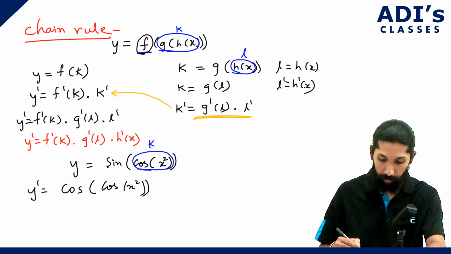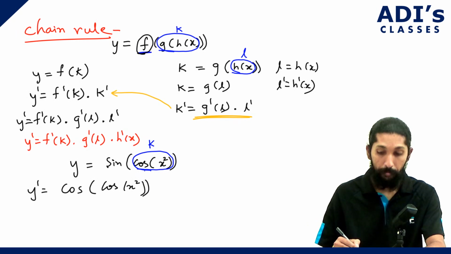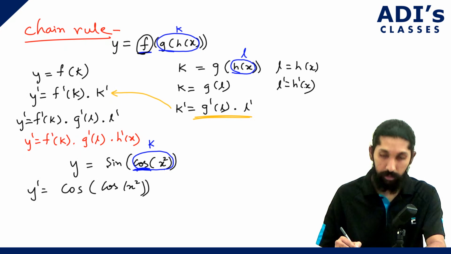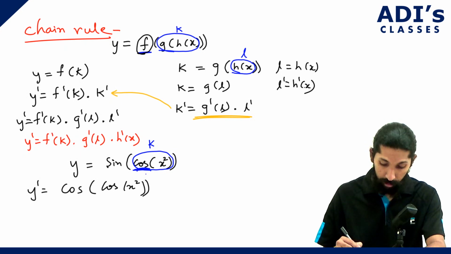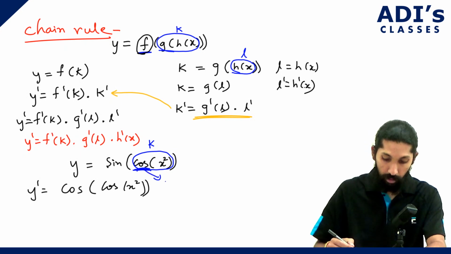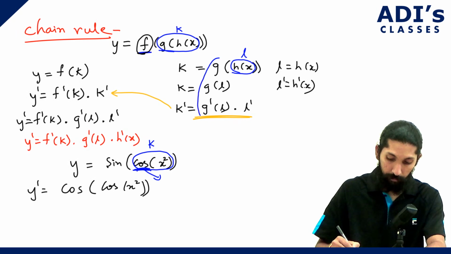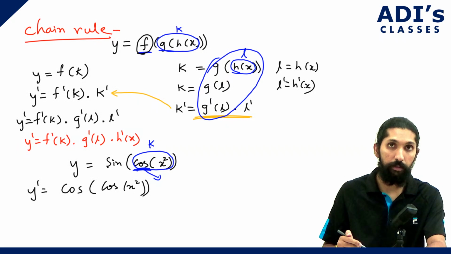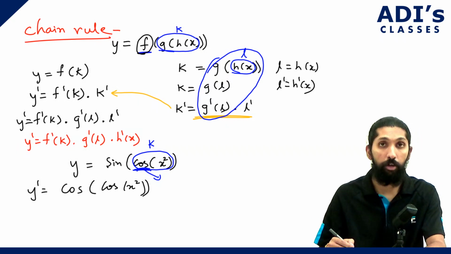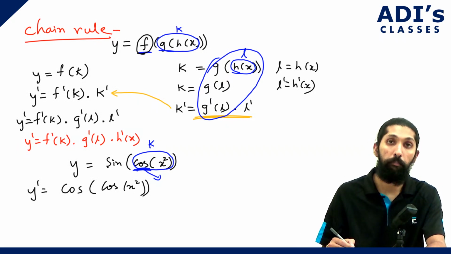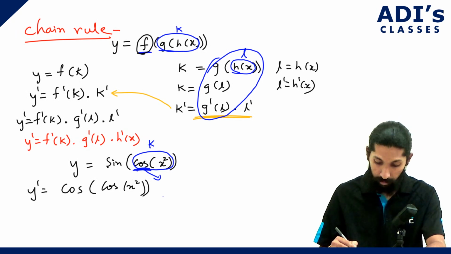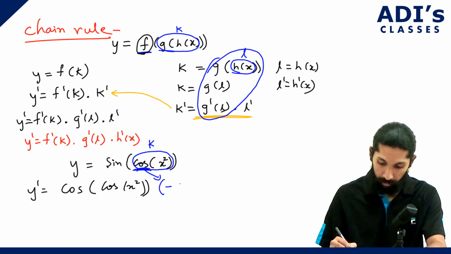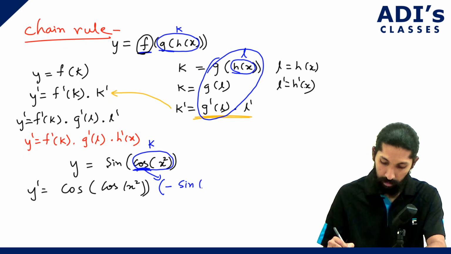Then after that, what do we do? You go inside. Inside is what? Cos of x square, right? You differentiate the cos function. Like how we differentiated the g function in this part, the mid layer part, isn't it? If you differentiate cos, cos is what? Minus sine, isn't it? Into minus sine of x square.